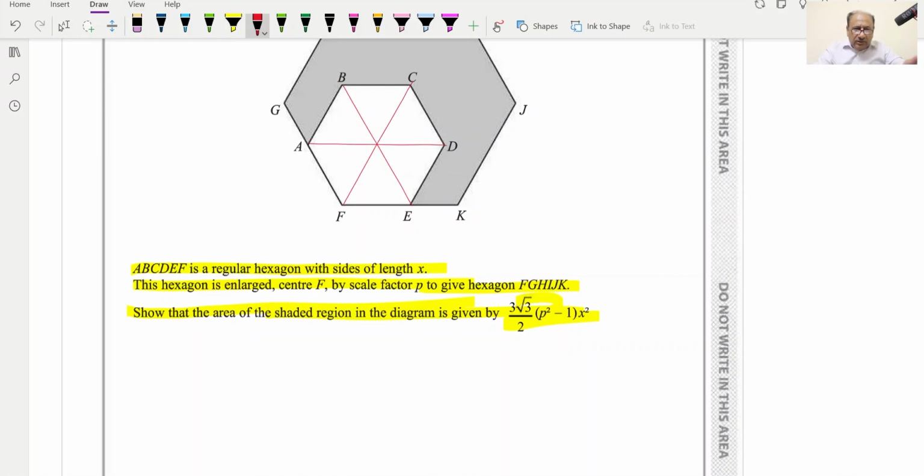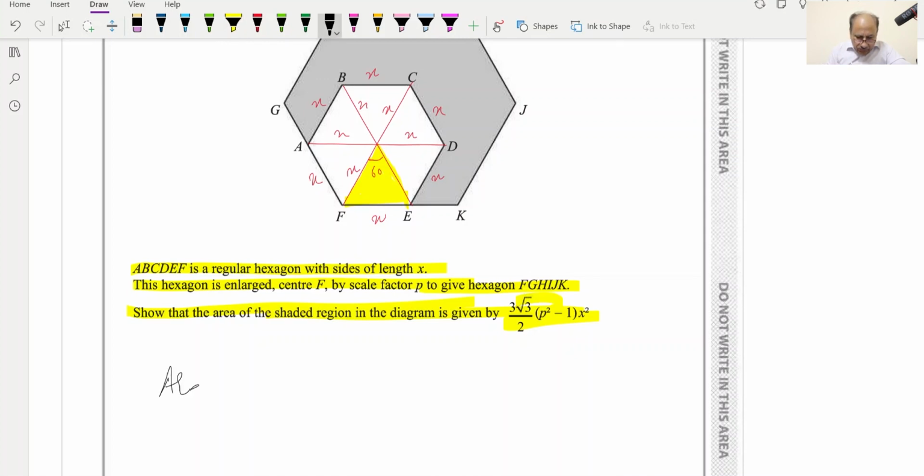Each triangle has, for example, a 60-degree angle, and if each side is x, for example this side is x, this side x, then all sides are x. Now we can find the area of one of these triangles.